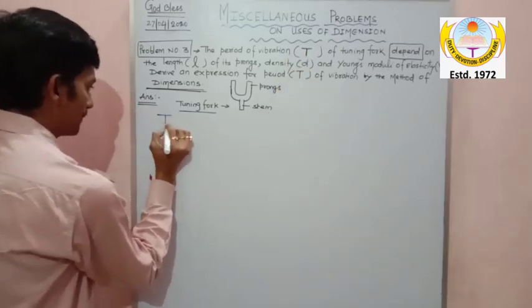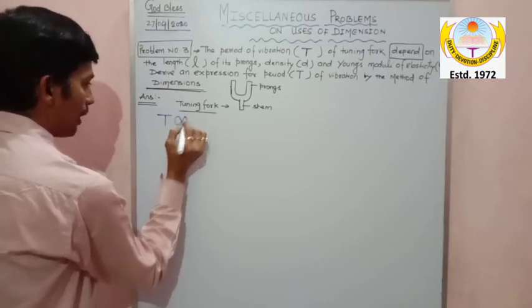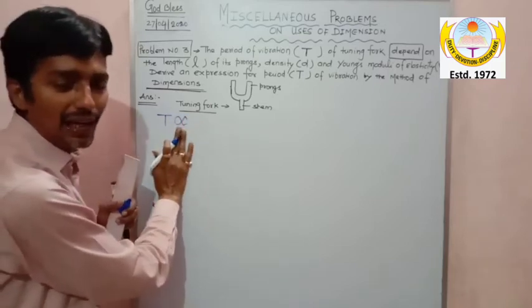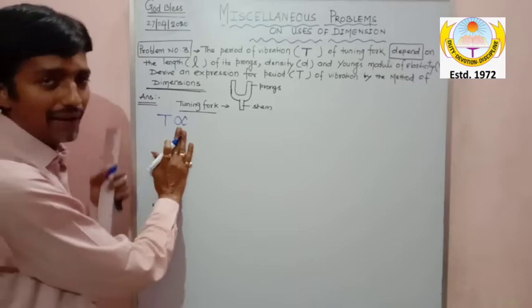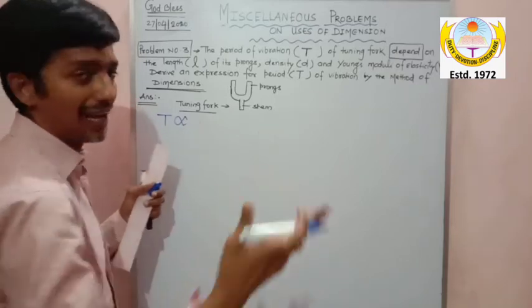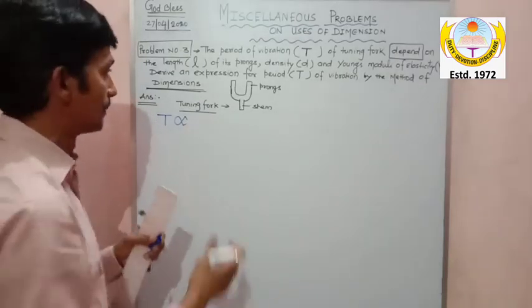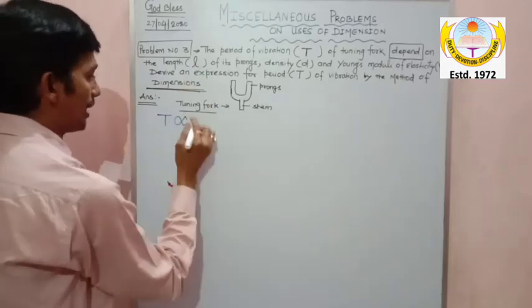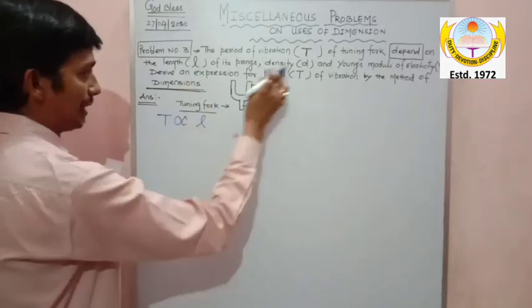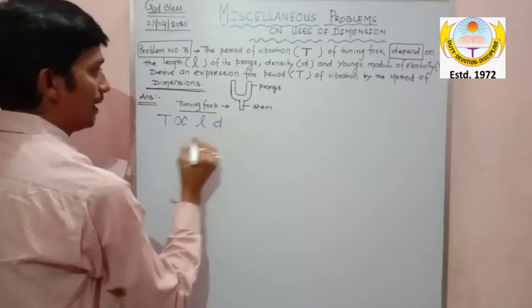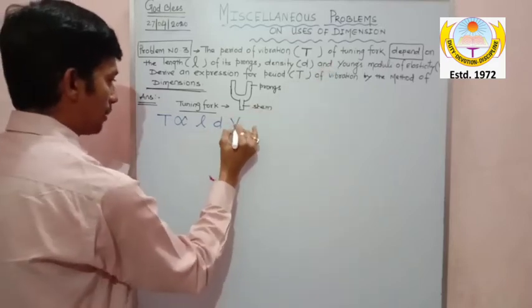T depends. Now I don't know whether it depends directly or inversely. I have given this in one of my questions also. The last video is on this topic only. It depends on length. It depends on density. And it depends on Young's modulus.